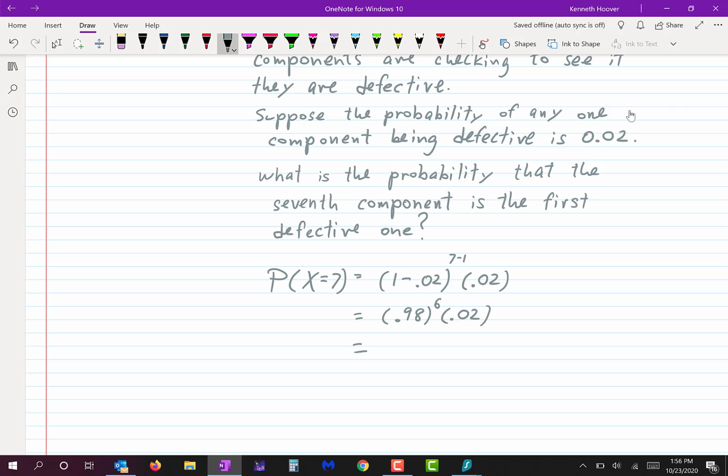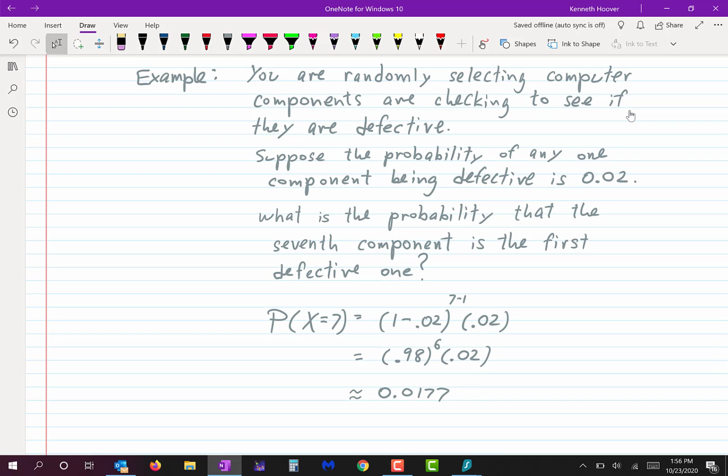Okay, and the answer comes out to be, we'll do 4 decimal places here, approximately, since I'm rounding off, 0.0177. So there is a 1.77% chance that your 7th component is the first one that you find that's defective.